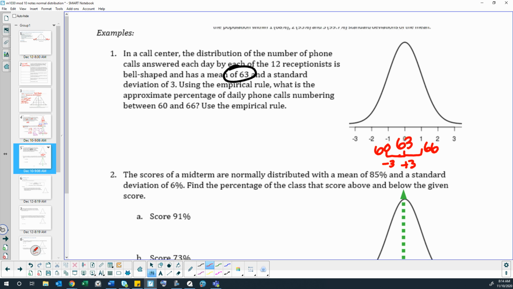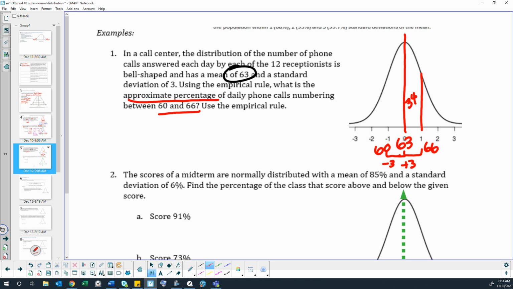Okay, so using the empirical rule, what is the approximate percentage, because all of this is approximate, of daily phone calls numbering between 60 and 66? Okay, what did we just learn about the empirical rule? How much of the data is within one standard deviation of the mean? 68%, 34% above, right?